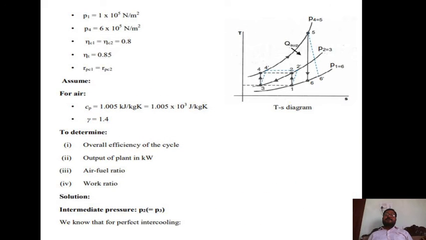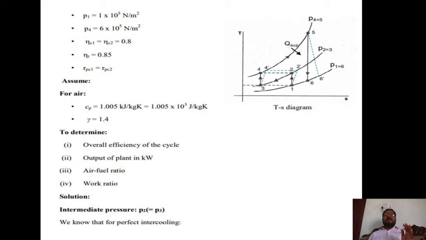You see here, the same diagram, the TS diagram. 1 to 2 is the isentropic compression of the ideal case, and the actual case is 1 to 2 dash. Then 2 to 3 is the intercooler. 3 to 4 is the ideal compression in the second stage of the compressor, and 3 to 4 dash is the actual case.